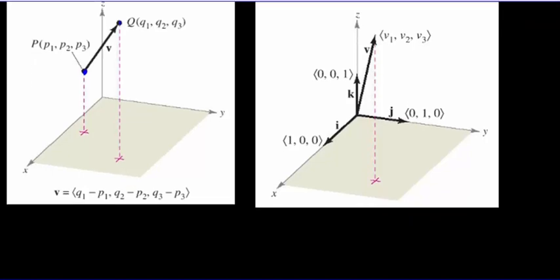Well, we do this the same way. I'm going to take the x components, subtract those, the y components, subtract those, and the z components, subtract those. And then we get a vector that has an initial point at the origin and the terminal point out here, maybe v1, v2, and v3.